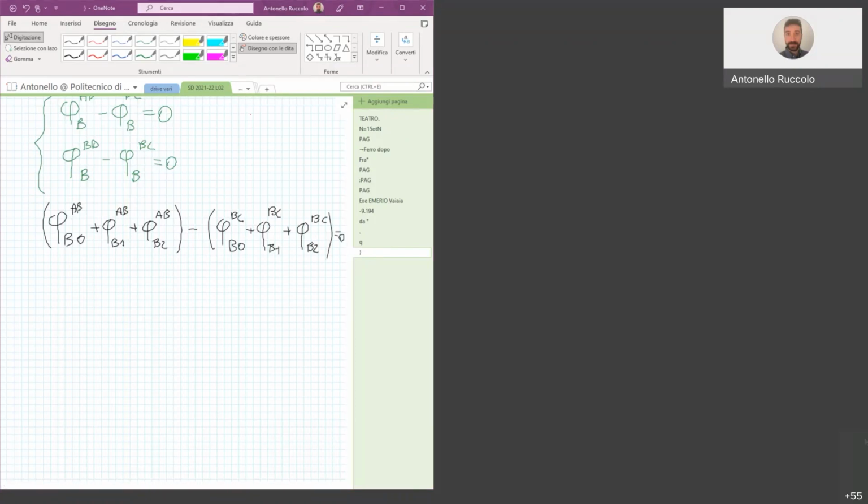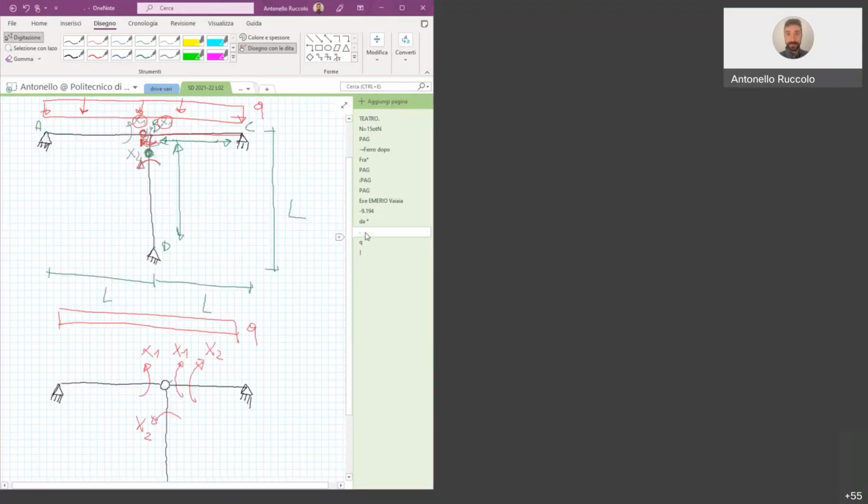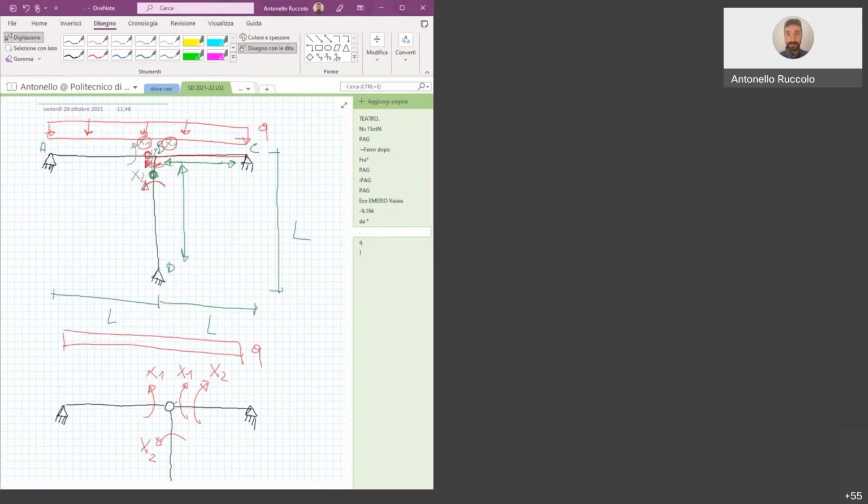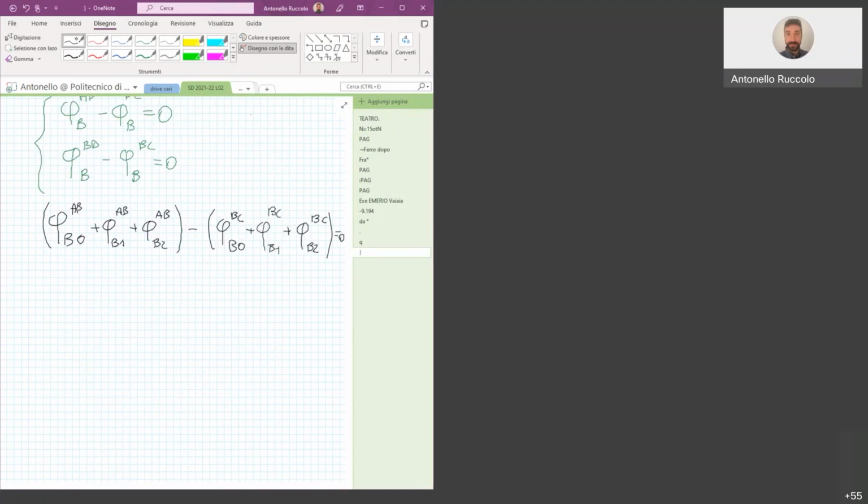And we end up with this equation that states, okay, let's be careful about the signs. Let's consider all the positive rotations.